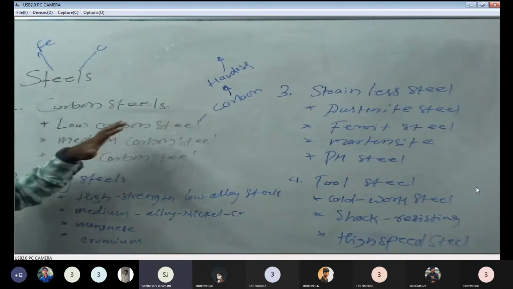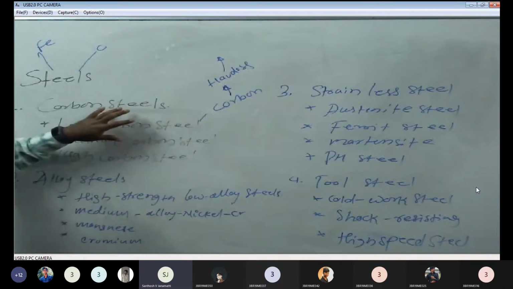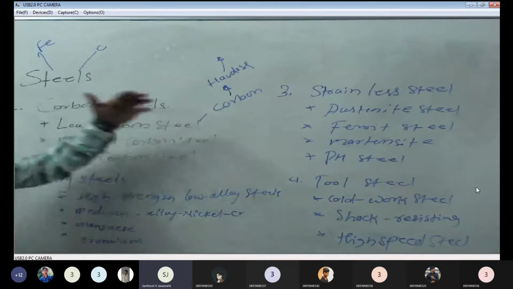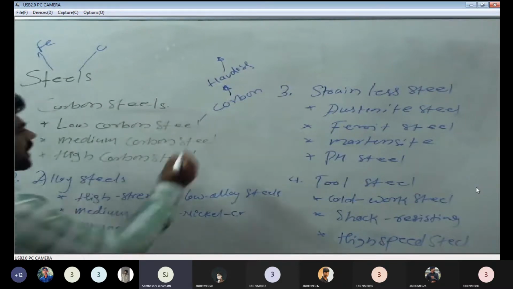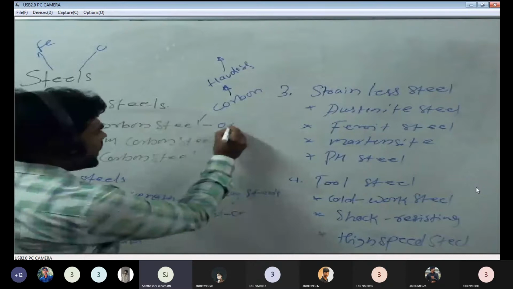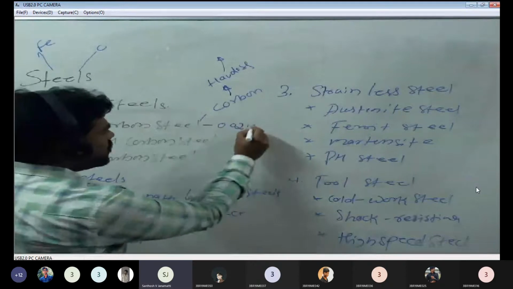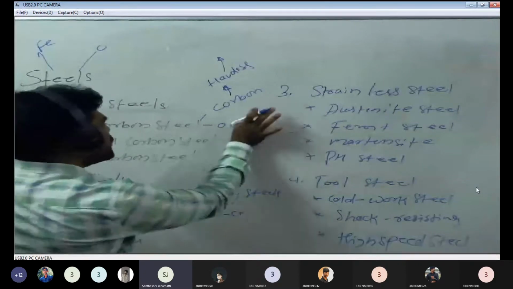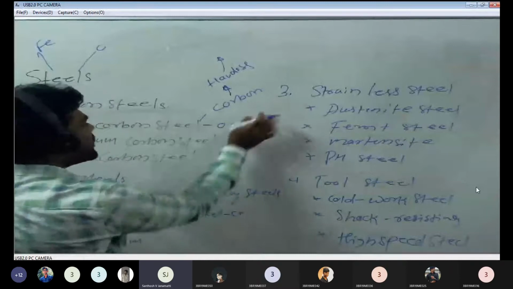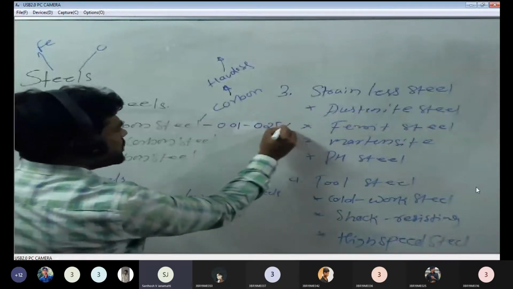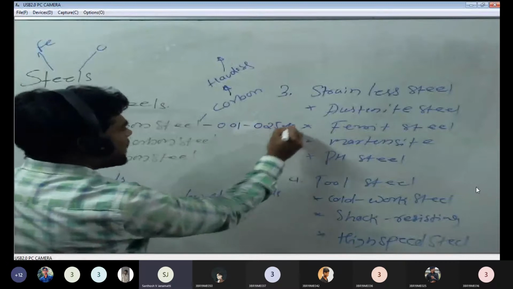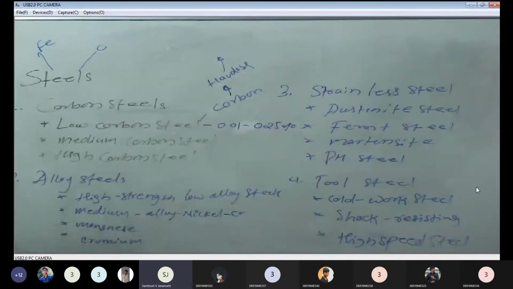Low carbon steel means the carbon content is low. These kinds of steels are used for some particular applications. Once again, I will mention here, don't worry, I told the content in the previous class, so I am not going deep. This is what low carbon content is: about 0.25% carbon we can expect from the low carbon steel.